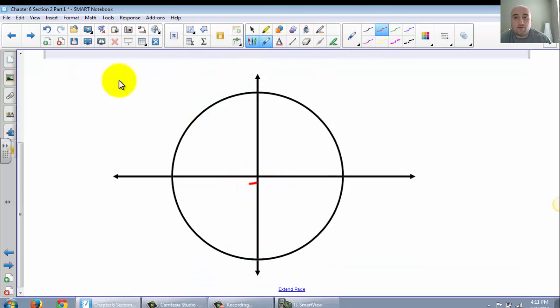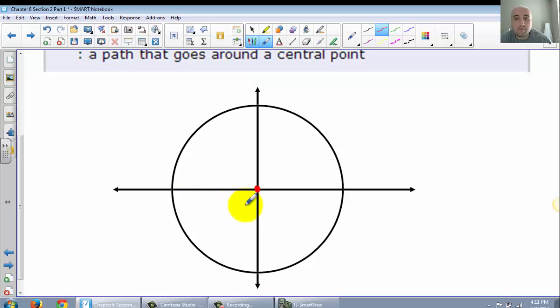Okay, so if we have a circle, this point right in the middle is called the center. And then we also know that from the center to the circle, anywhere that we look, if I take a line from the center to the side of the circle, what do we know about all these sides?